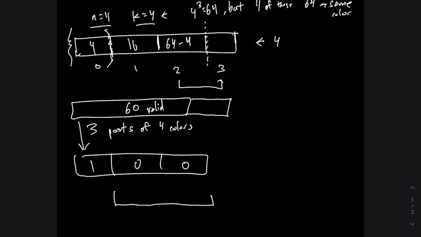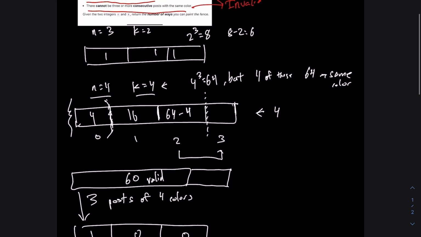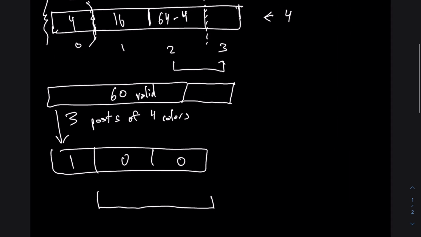Because there is no length 3 that is all the same color. Obviously, if this was 0, 0, it wouldn't even be valid, and it wouldn't be within that 60 subset. So it's a 1, 0, 0. That's valid, but in this case, if we add another 0 here, it would be invalid.